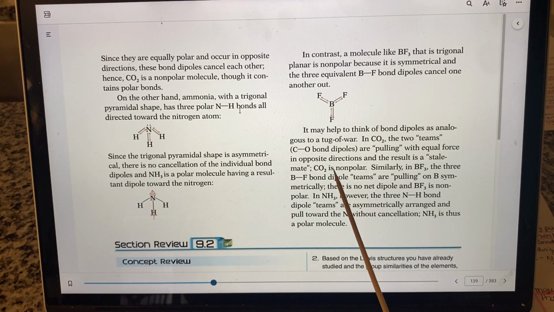So I like what it says here, and it describes things better. It basically says it's like a tug of war. 2 teams are pulling in opposite directions, and that's like in CO2. Let's go back to CO2.